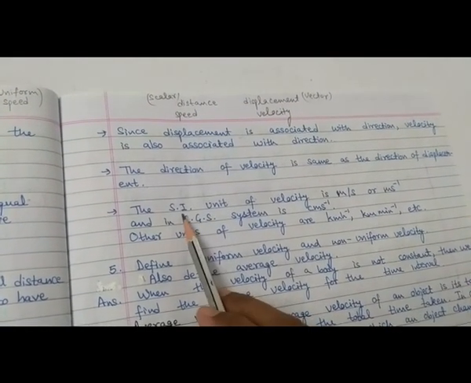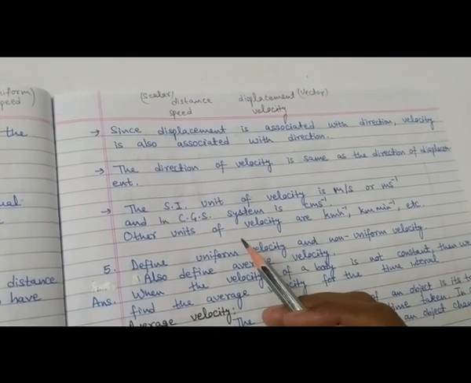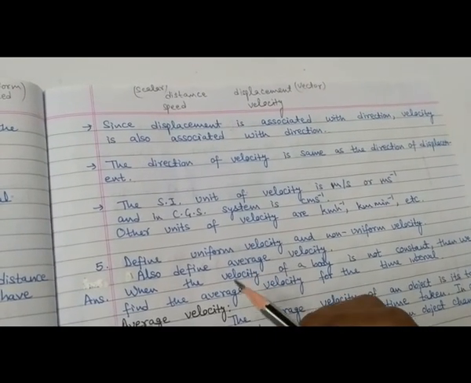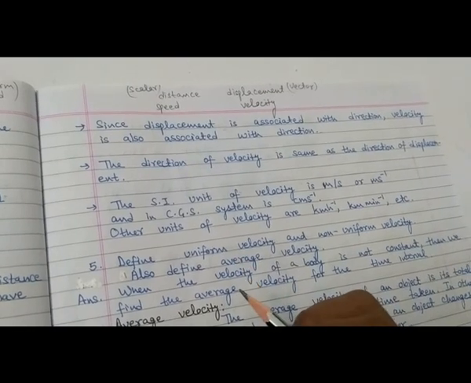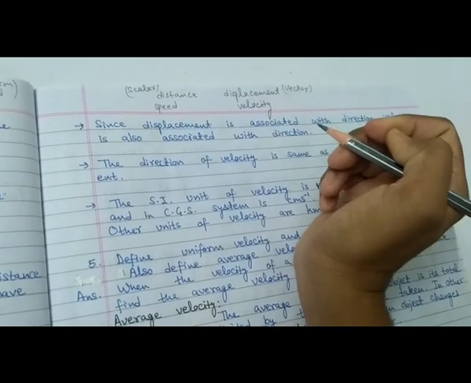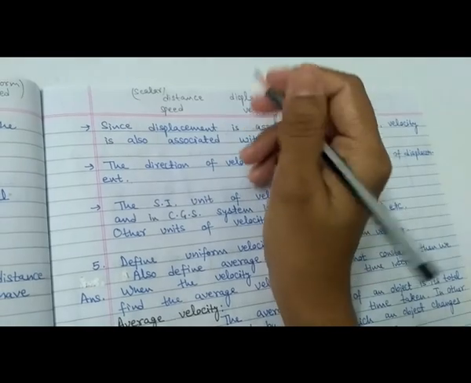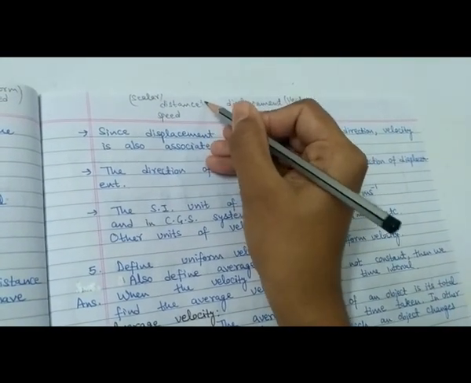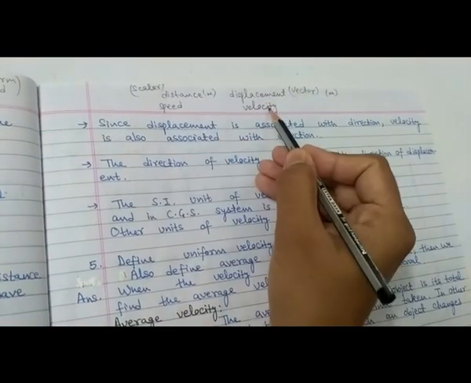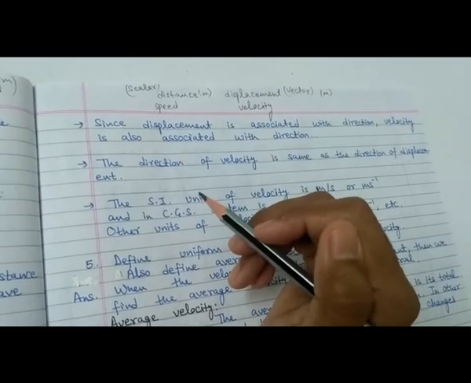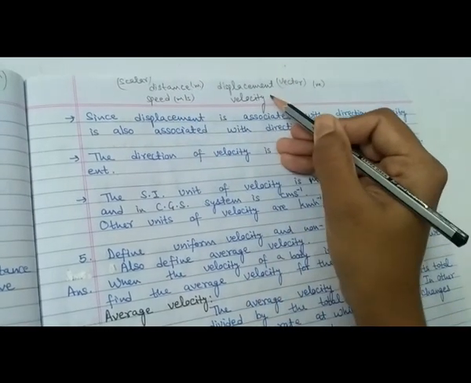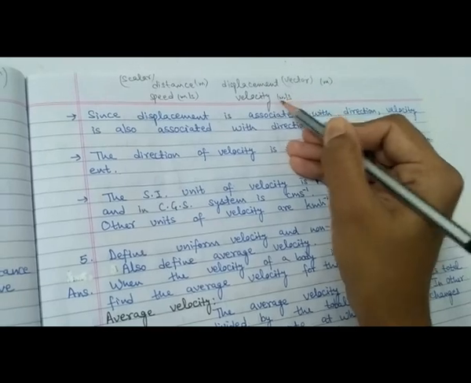Now, what about the SI unit? Since velocity and speed give the idea of how fast the body is moving, their unit should be the same, isn't it? Likewise, distance and displacement give the idea of length, so their SI unit was meter for both of them. Since speed has the SI unit meter per second, velocity will also have the same unit.